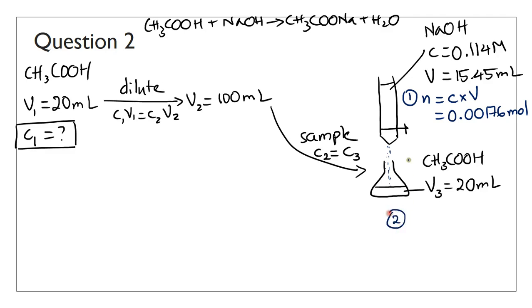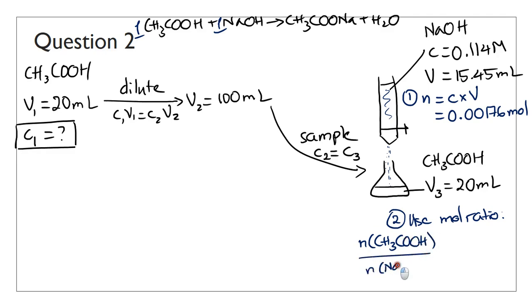In order to connect what is in the burette to what is in the conical flask, I'm going to need to use the mole ratio between the two substances in the equation, which so far has been a 1-to-1 mole ratio. The mole ratio between ethanoic acid and sodium hydroxide is 1-to-1.